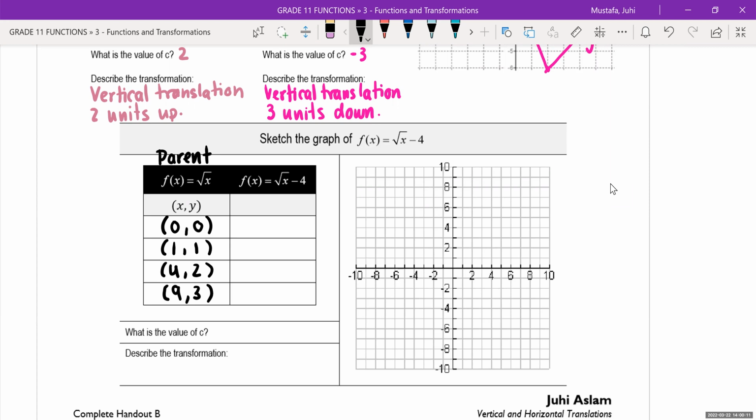They will always work. Okay, we're also going to graph our parent function on this grid. And I'm going to call this f of x is equal to square root x.